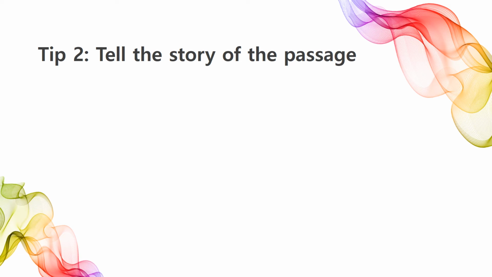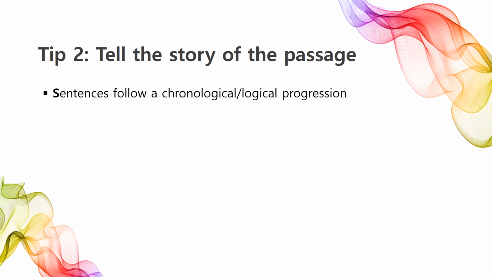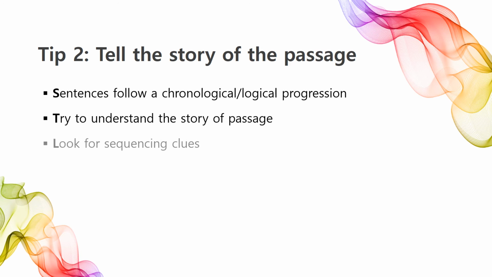Tip number 2 is to tell the story of the passage. Mostly, you'll notice that the sentences in the paragraph are following a chronological or just plain logical progression. So, we should try to understand the story of the passage. Look for sequencing clues, which show the logical or chronological sequence in which the sentences are moving along.